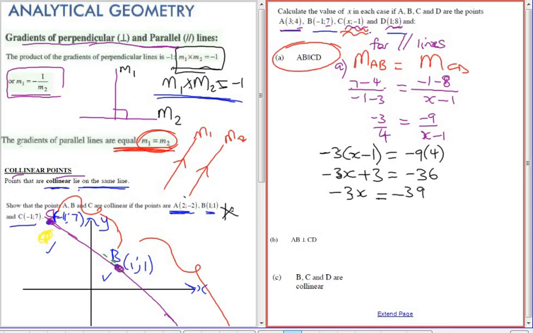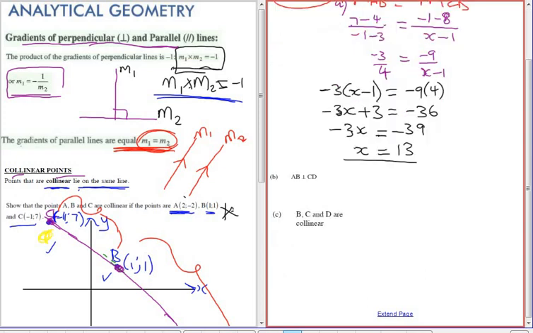So the x will be 13. So we have managed to calculate the value of x if AB and CD are parallel. We just do that. So that is all that we have to do.